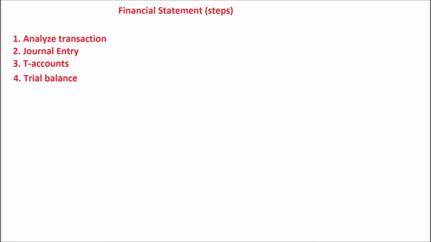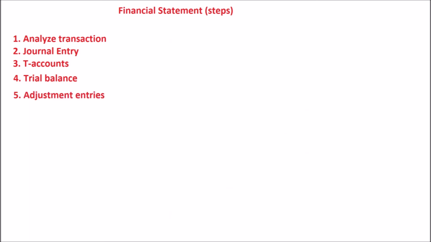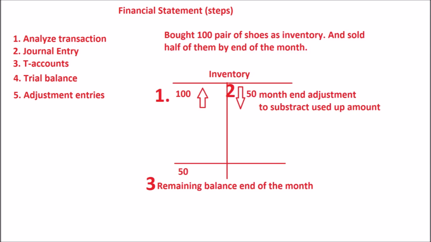Now once you have all these accounts listed, what you need to do is prepare a trial balance, and then based on your month end transactions, you have to do adjustment entries. Now adjustment entries is basically, say for example, for your business purpose, you have bought 100 pairs of shoes, and then you sold 50 of them.